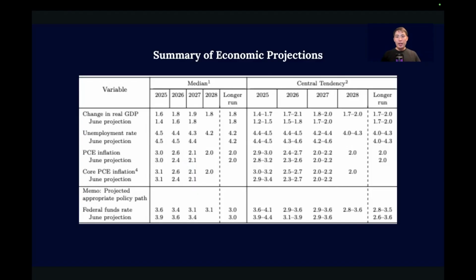So what's strange is that against a better projected economic growth rate and a lower unemployment rate and higher inflation rate in terms of the expectation for 2026 and 2027, they're actually revising down the Fed funds rate. They're actually saying we should cut more, even though we think things will become better.